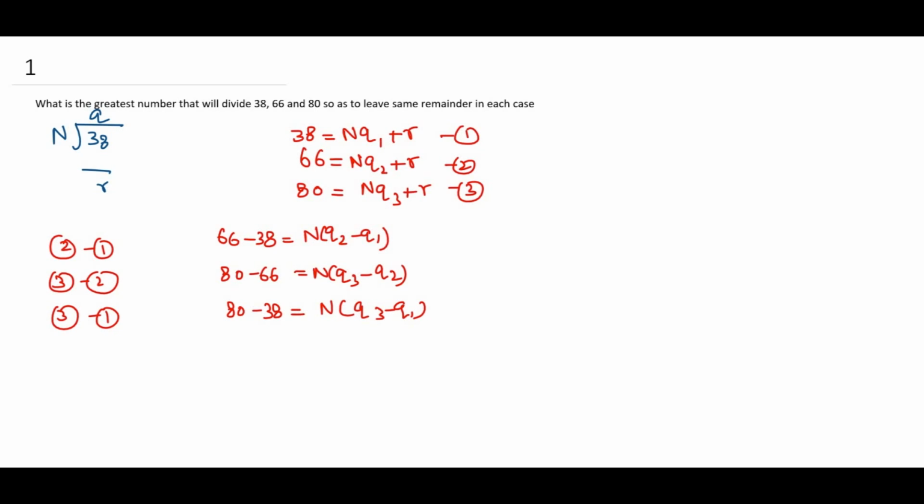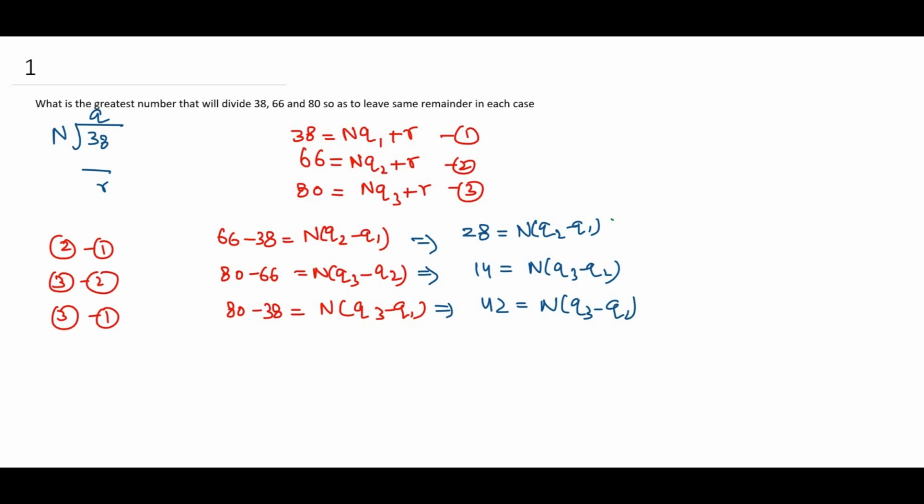So this will give us 66 minus 38, that is 28, is equal to N times (Q2 minus Q1). From this we will get 14 is equal to N times (Q3 minus Q2), and from this we will get 42 is equal to N times (Q3 minus Q1).